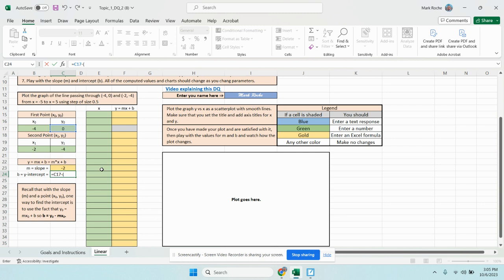We can just put that in the way it is, -2, close parentheses, times x0. I don't think that worked. Let me do that again. Times x0, which is there, B17. C17 minus our slope times B17. Enter. There is my y-intercept.